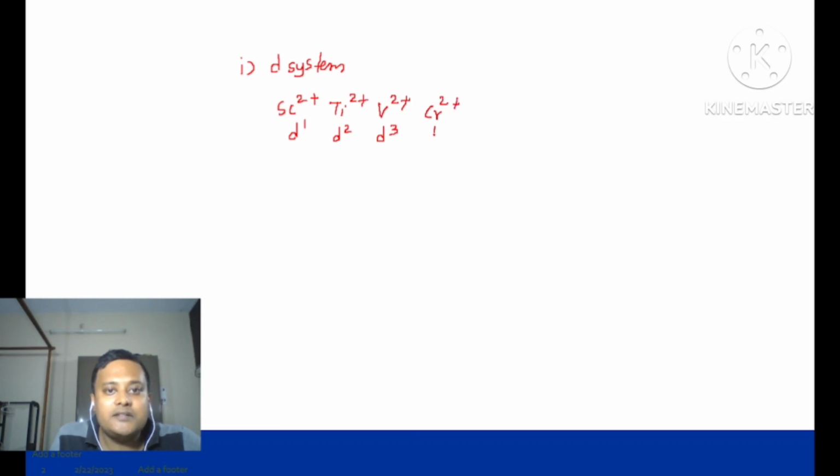So for that you remember this: scandium 2+ is a d1 system, titanium 2+ is a d2 system, vanadium is d3, chromium is d4.